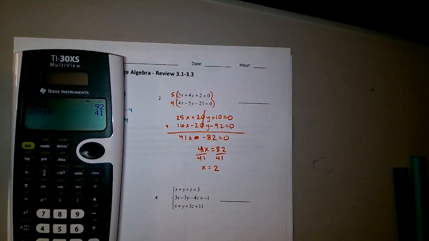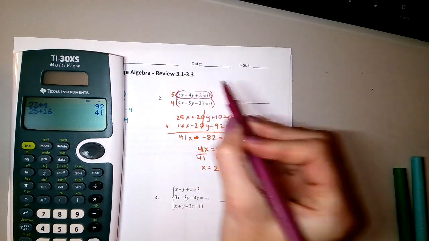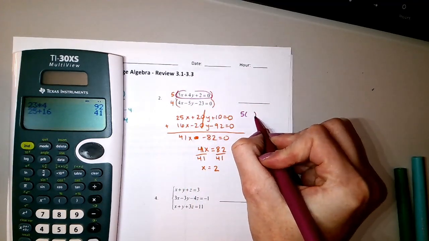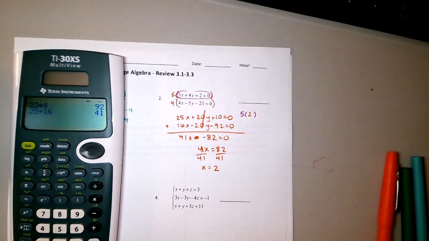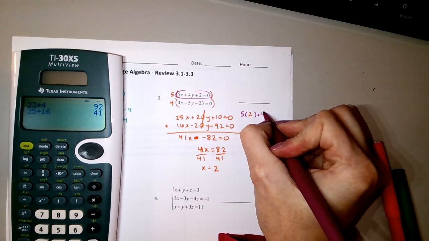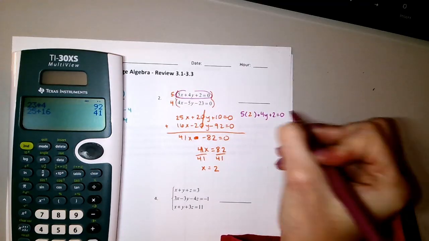From there, you plug that 2 into either of your original equations. So I am going to just choose the first one because it's there. So 5 times x would be 5 times 2 plus 4y plus 2 equals 0.